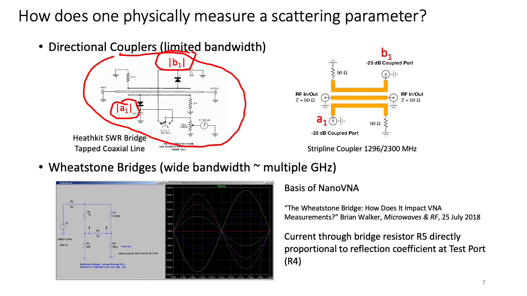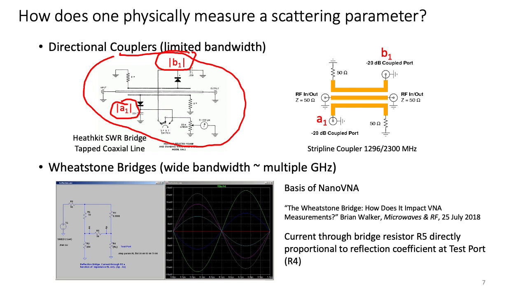Note that there's an absolute value there because these are detected values. Note the diode detector capacitive filter circuit, and this ratio of absolute B1 to absolute A1 is the reflection coefficient, or we can compute from that the standing wave ratio.